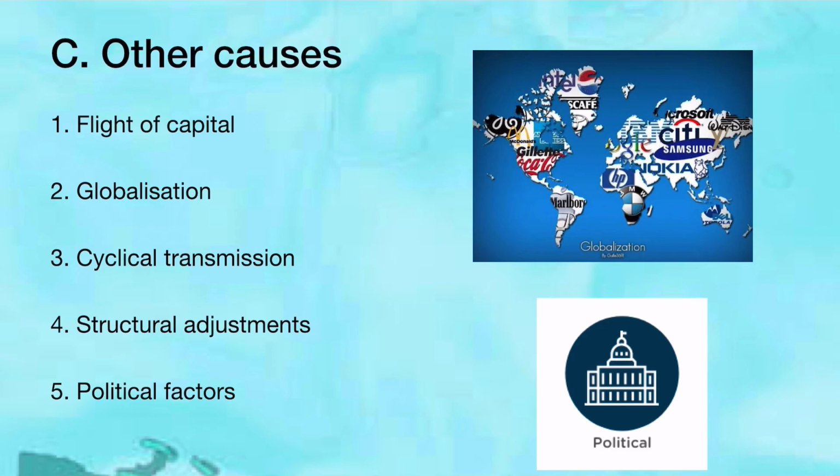Why should they adhere? They should follow it in order to secure some kind of financial help from the International Monetary Fund or even the World Bank, right? So this includes reducing government spending or opening up free trade and so on. So that can be another cause for disequilibrium.